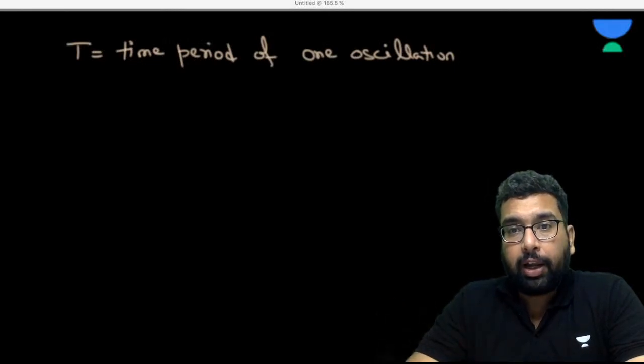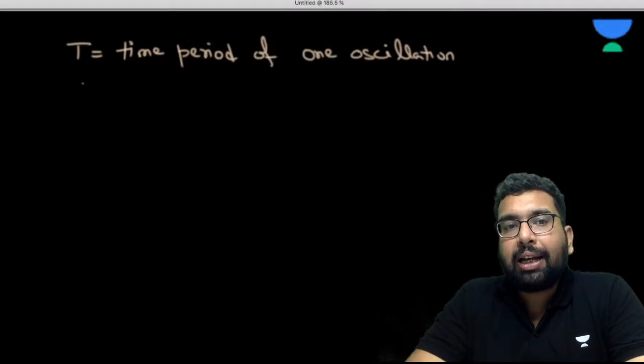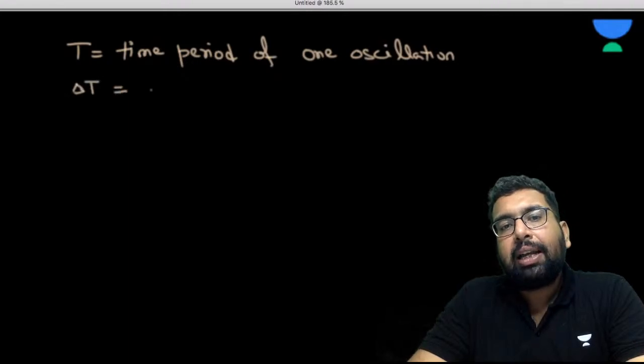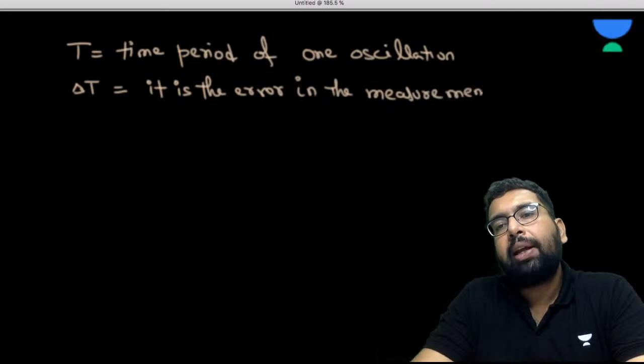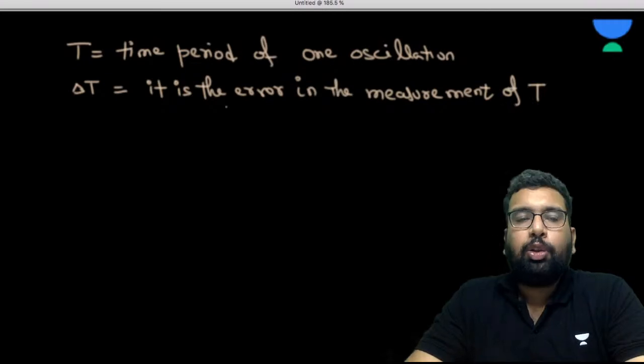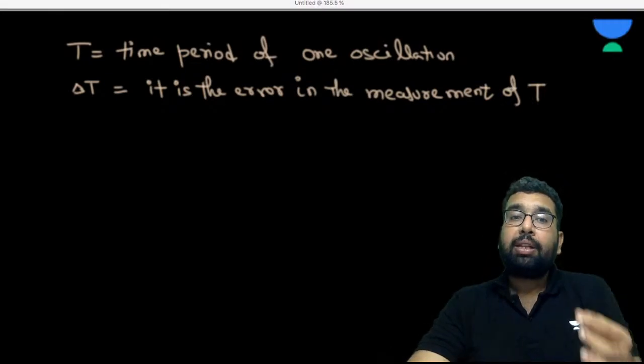And what is delta T? It is the error in the measurement of this T.